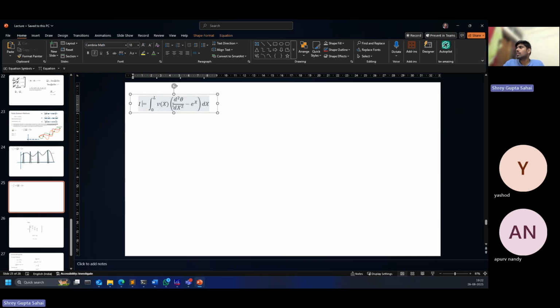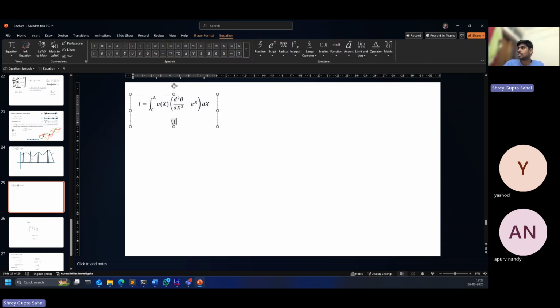Now, can anyone tell me the formula for integration by parts? How do I write the integration of fg? Is it something like fg minus integral of f into integral g?